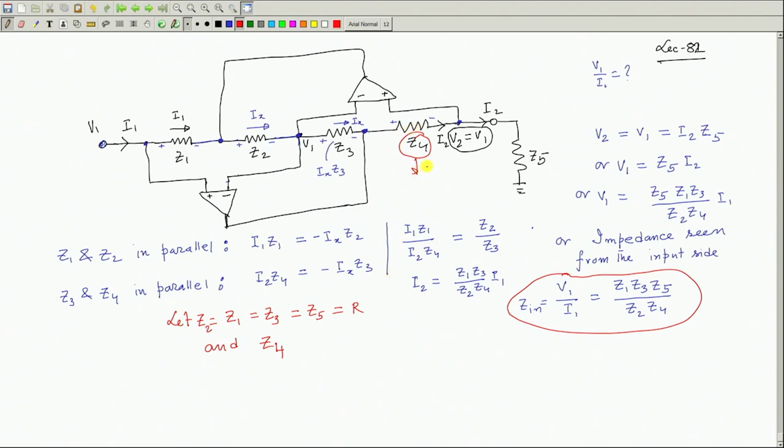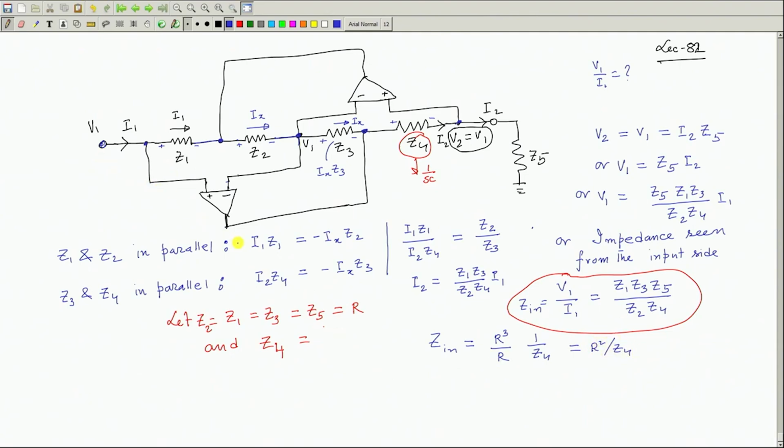Therefore, under this condition Zin is equal to R cubed, that is Z1 Z3 Z5, divided by R and Z4, and I can say that this is R squared by Z4.